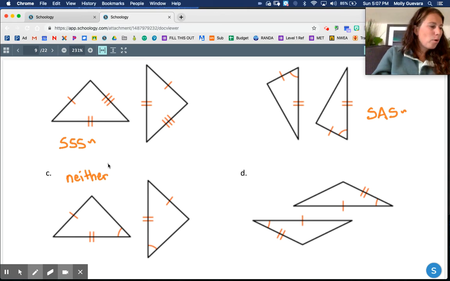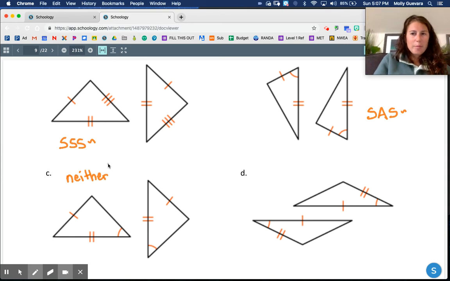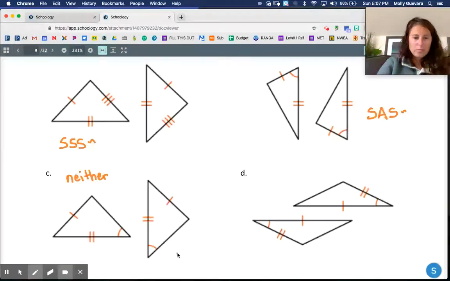I want to point out here, if I were to actually read this in order, I would have side, side, angle. Side, side, angle doesn't work. Or if you go left to right, it's angle, side, side, which is ASS. Real funny, right?